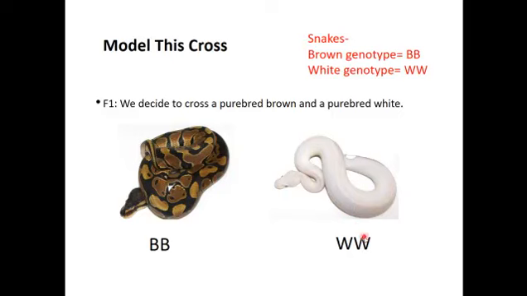You can really pick whatever you want. In fact, some people might use apostrophes, big B and big B apostrophes. Some people might like to keep using the capital letter and lowercase letter. In this example, I'm going to use a capital B to represent the brown allele and a capital W to represent the white allele. All right.